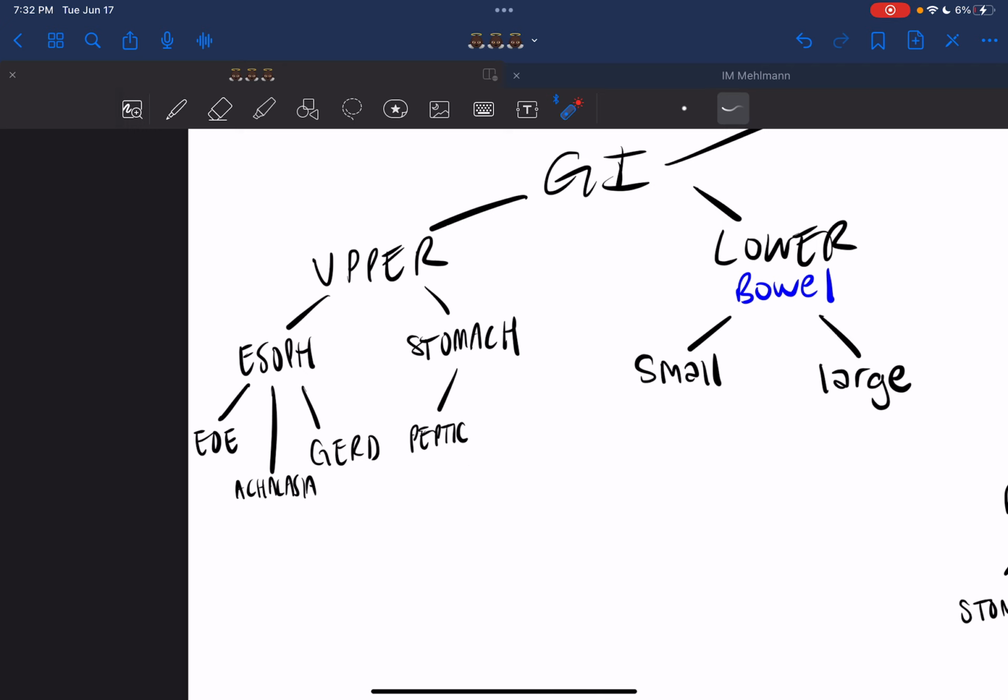So esophagus can have GERD where stuff is coming up and achalasia where stuff's not going down. Those are the two big problems. And then there's eosinophilic esophagitis, EOE, which is like an allergy thing. But I like these two as the big main ones. Maybe I should even remove this. It's not really the main thing I'm thinking about.